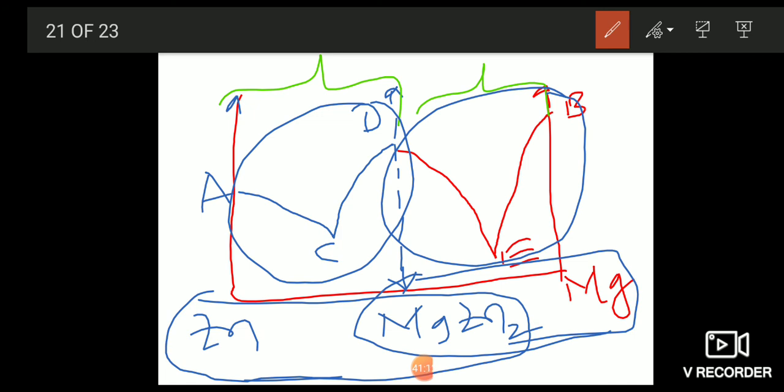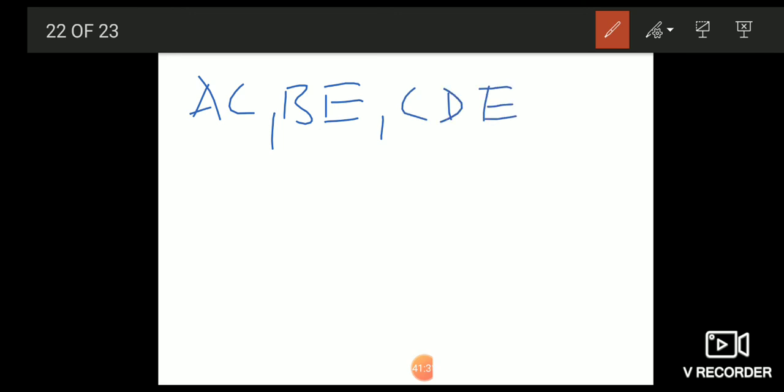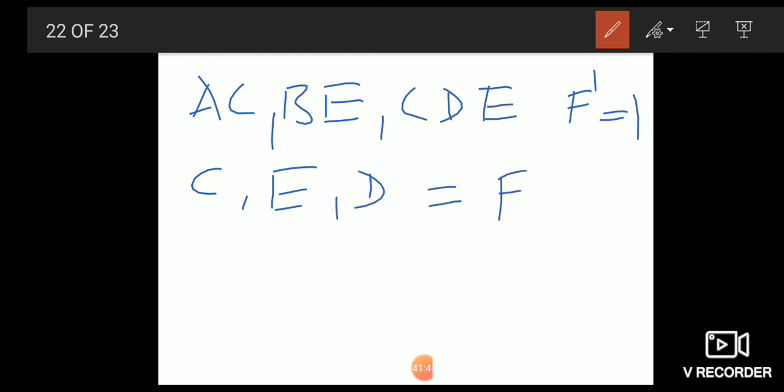One more thing, by summing up the whole thing. Along curves AC, BE, CDE, the system is univariant, and at the points C, E and D, the system is invariant.